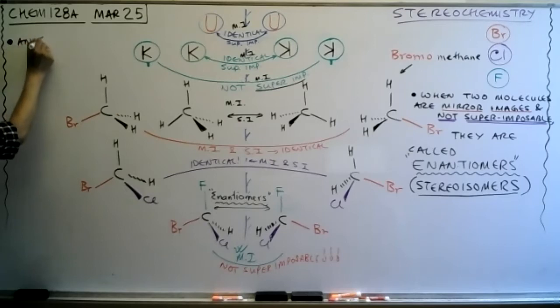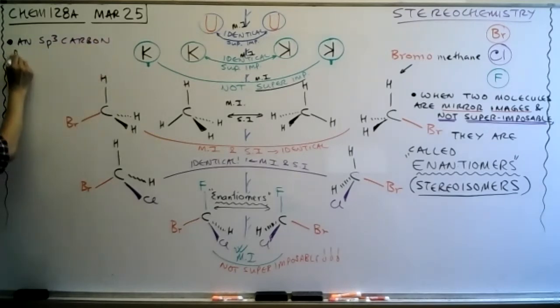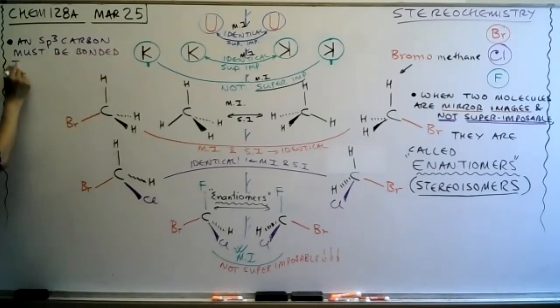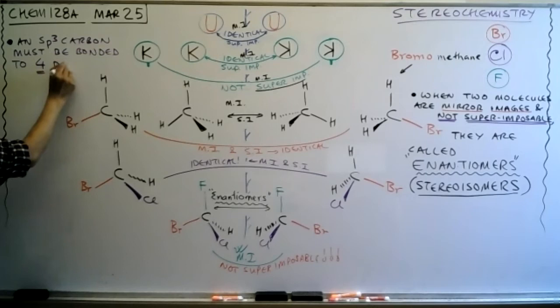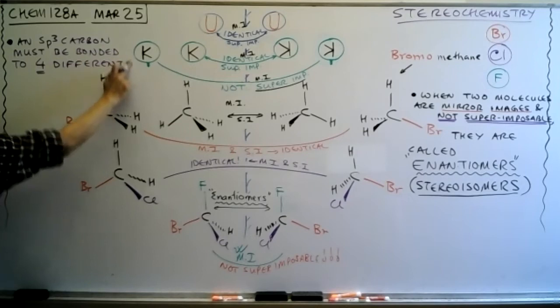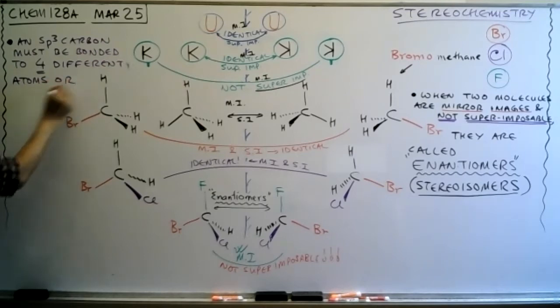An sp3 carbon must be bonded to 4 different atoms or groups to be enantiomers.